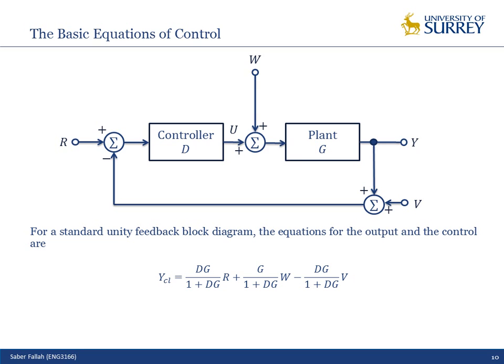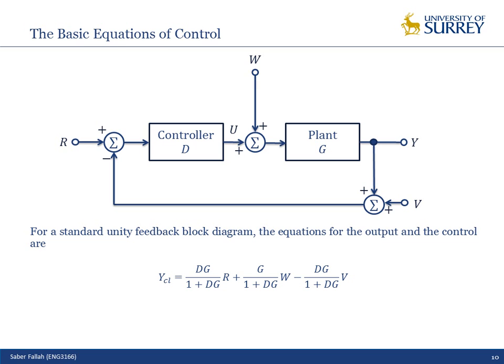What do I have in the feed-forward path? Look from W, W is your input, Y is output, and R and V are 0. Just look from W to Y. Just plant G. Okay?